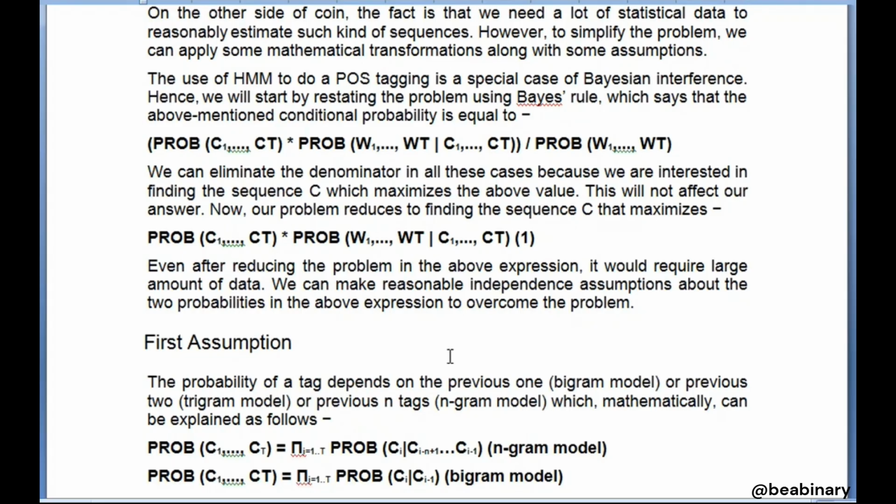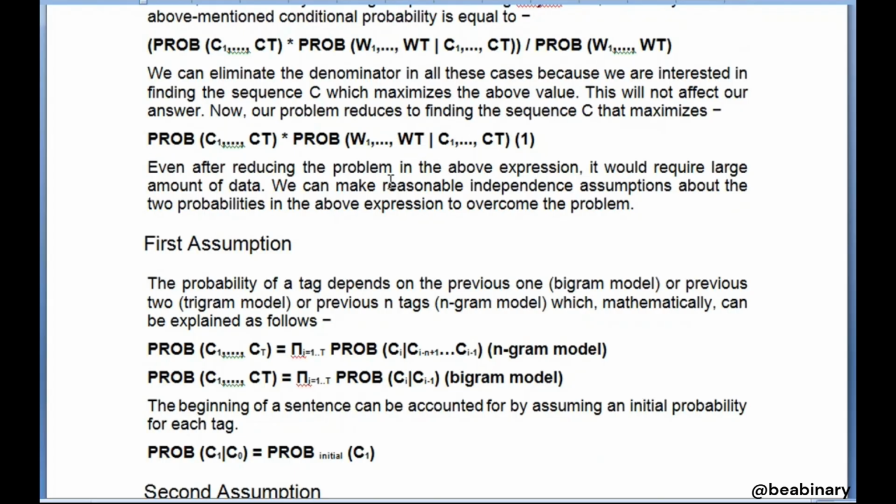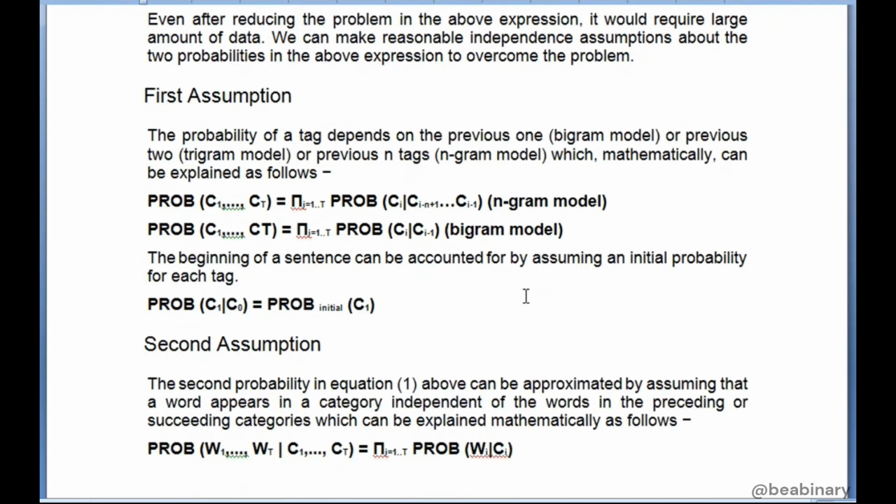Okay, so we reduce the problem in the above expression, and we require a large amount of data here, so we make independence assumptions about the two probabilities in the above expression to overcome the problem. There are basically two assumptions.